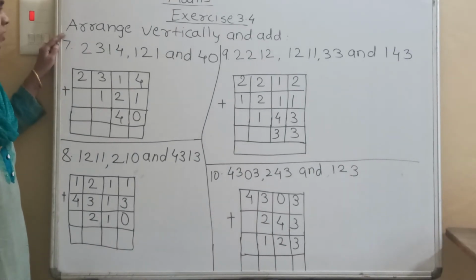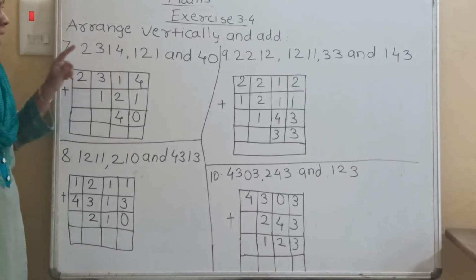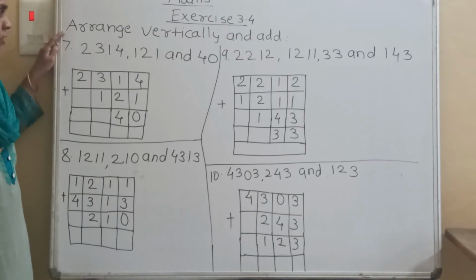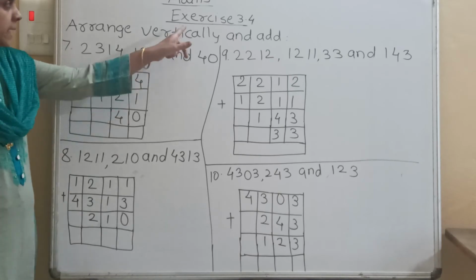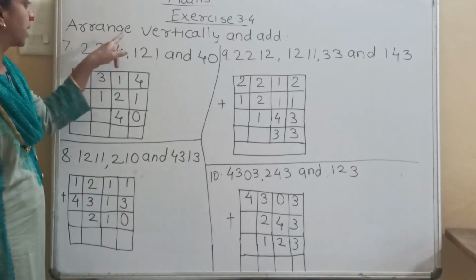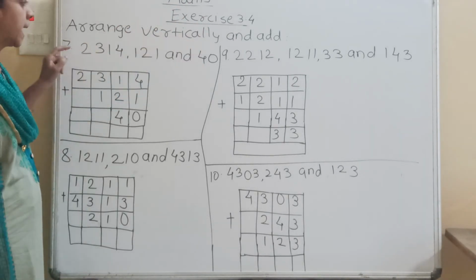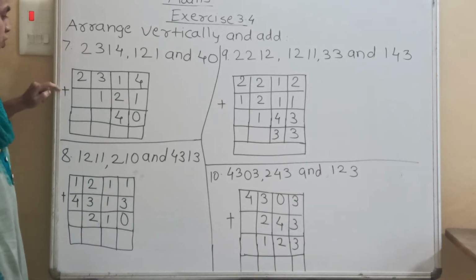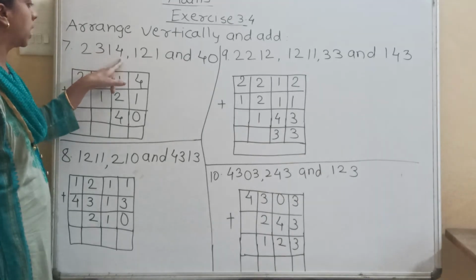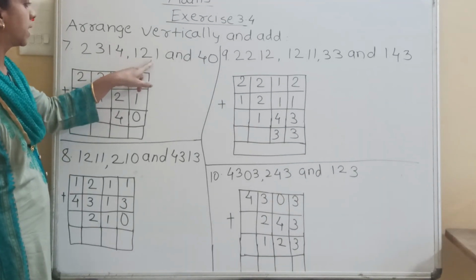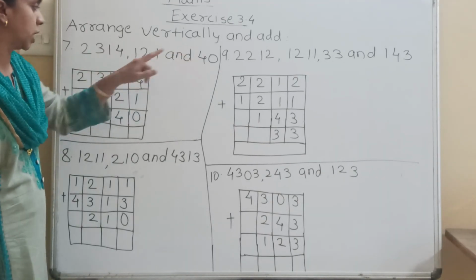Now see next question. Arrange vertically and add. So this question you have to write down in your notebook. Write down exercise 3.4. Then write down arrange vertically and add. Then write down 7th question. What is this? 2314. Then 121 and 40.